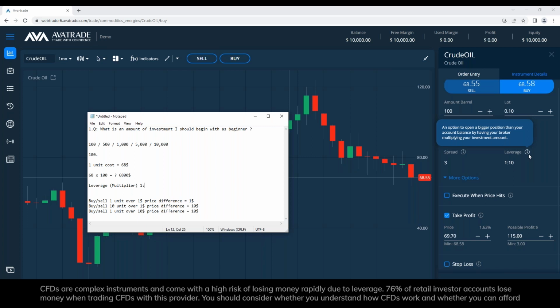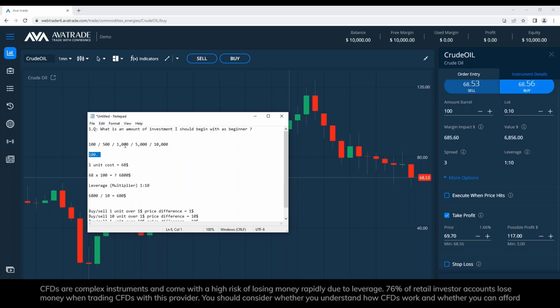So if your leverage is 1 to 10, as it says here, my value can be divided by 10. So instead of 6,800, how much do I really need? Just 10% of it, right? Which is 680.